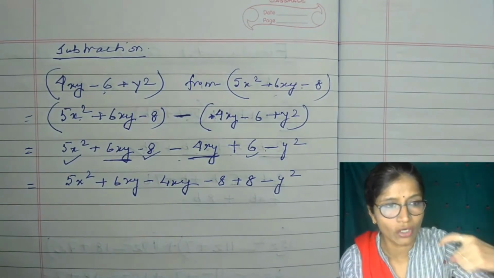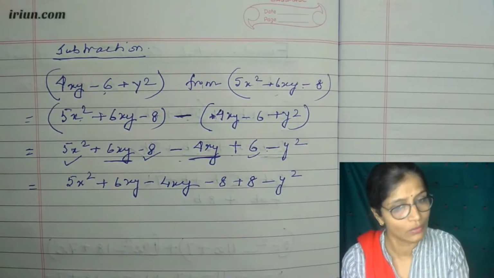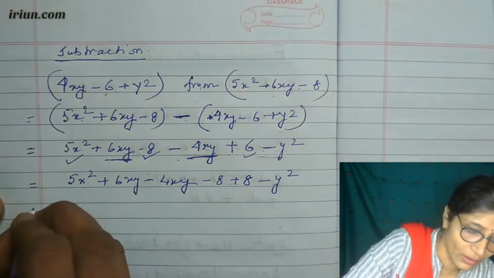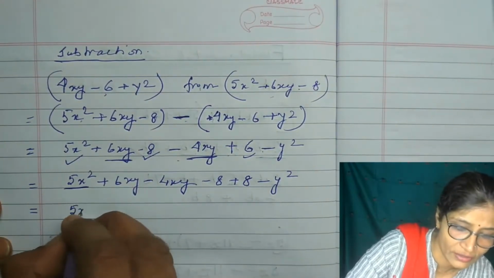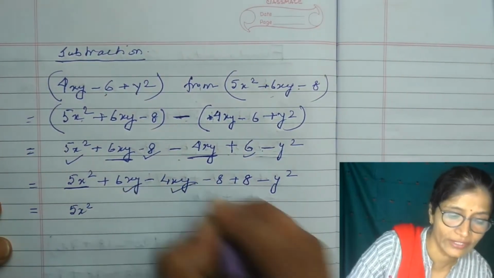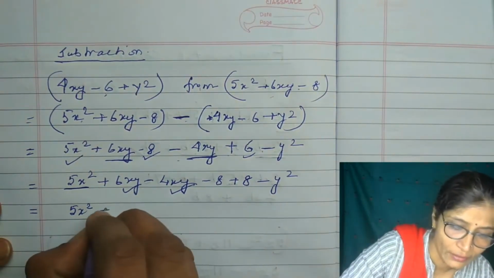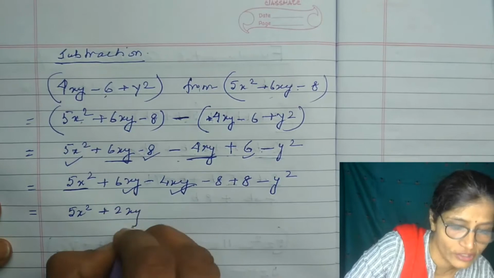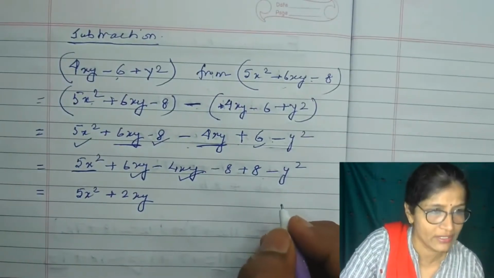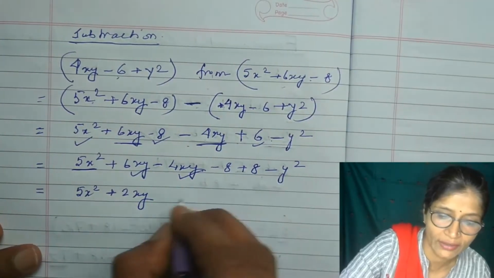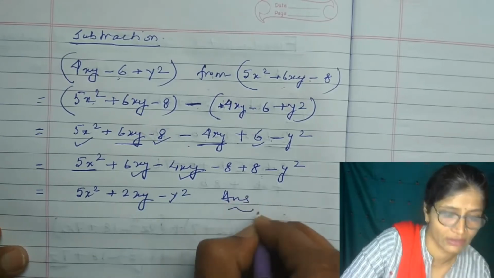So I will collect all the like terms together, whether it is 1, 2 or more than 2, all will come together. Here 5x square, no other x square, so I write just 5x square. Here 6xy and 4xy, so 6 minus 4 is 2. So I will write 2 along with the literal coefficient xy. Then minus 8 plus 8 is 0, so don't write anything here. And then minus y square. That is your answer.